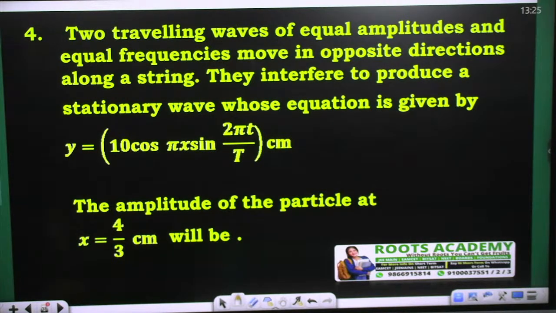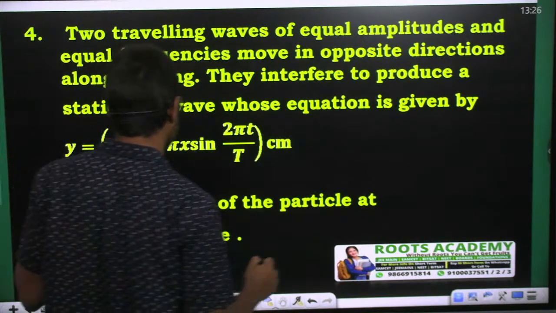Two traveling waves of equal amplitudes and equal frequencies move in opposite directions along a string. They interfere to produce a stationary wave whose equation is given by this. The amplitude of the particle at x equal to 4 by 3 is asked. See, direct straightforward question.